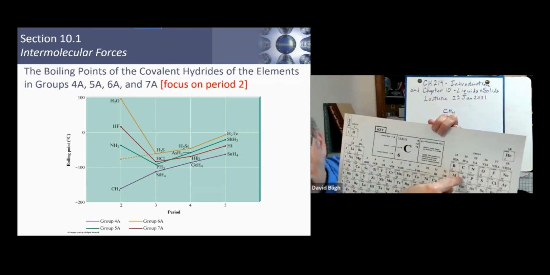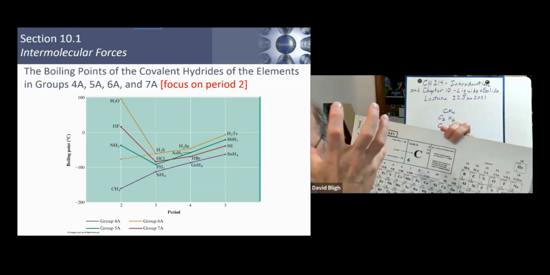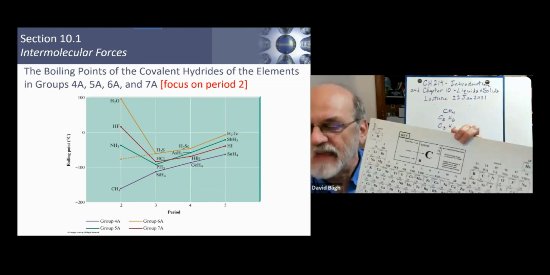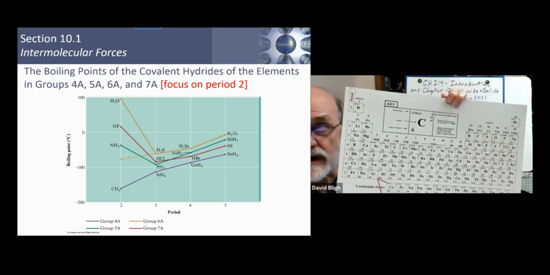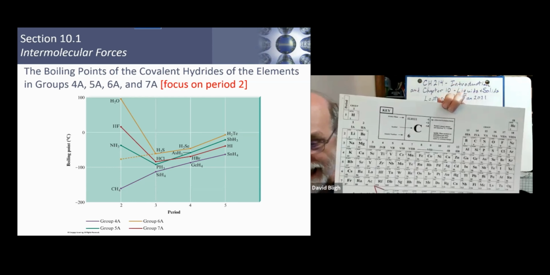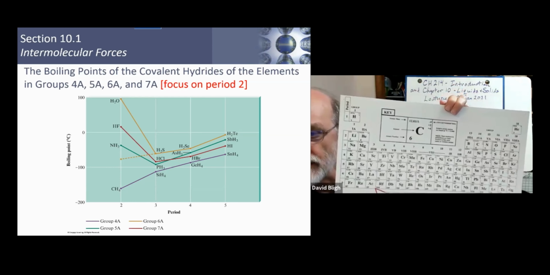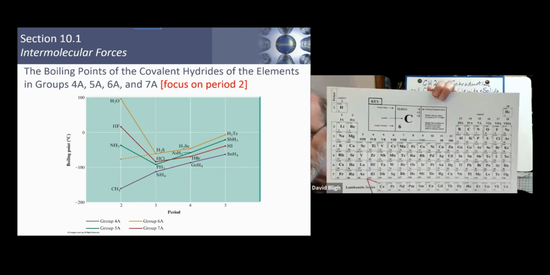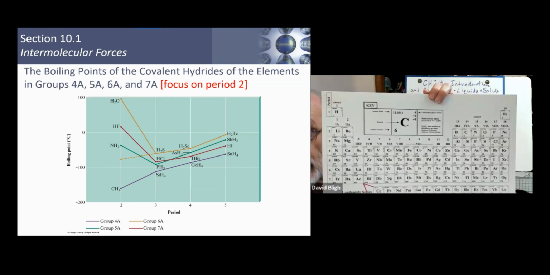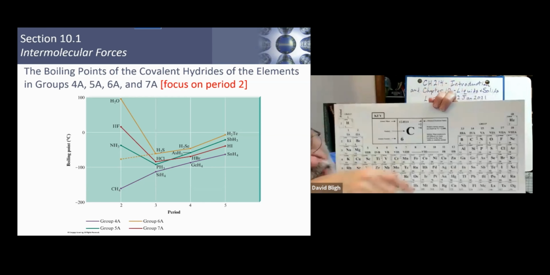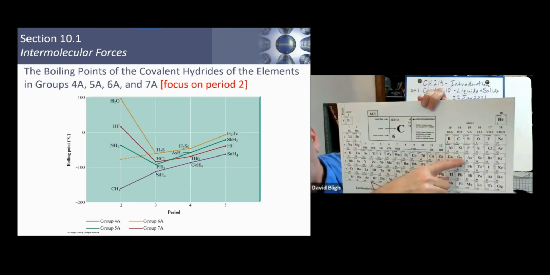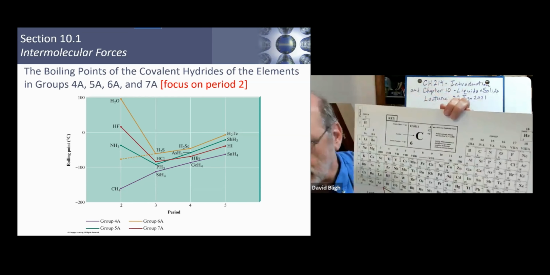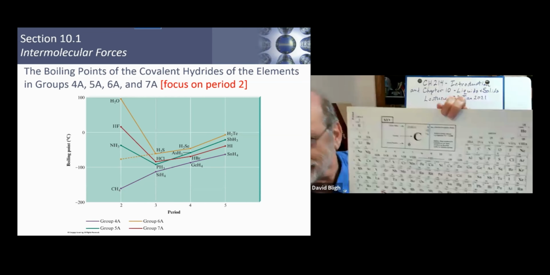But when you go to silicon, the silicon atom is bigger, makes the molecule bigger. And it's the same idea as when I was talking about the noble gases. As they get bigger, there's more room for distribution of electron density, so the London dispersion forces become stronger. So as we go down, we get bigger molecules, stronger forces, higher boiling point. Okay?